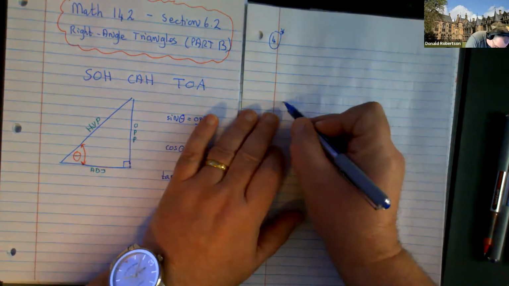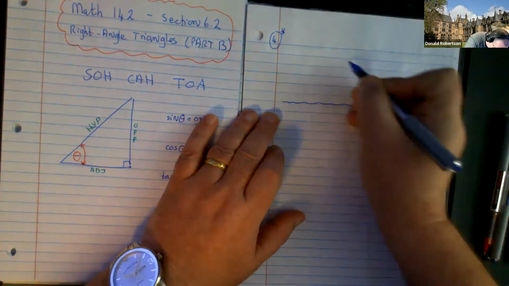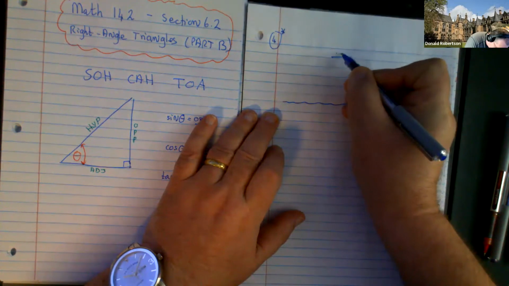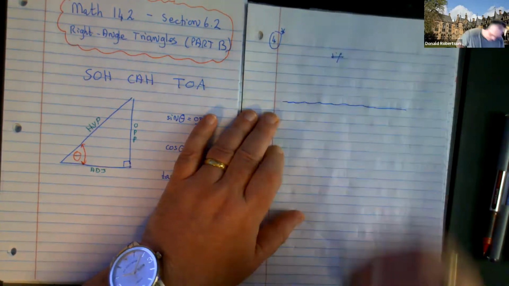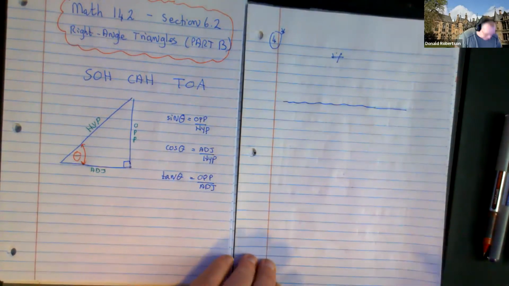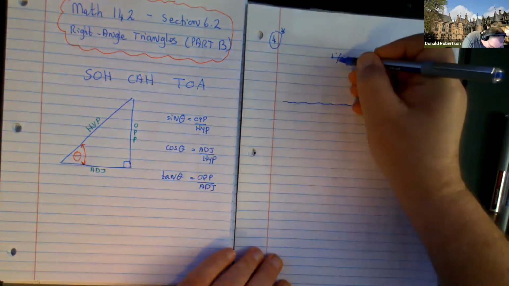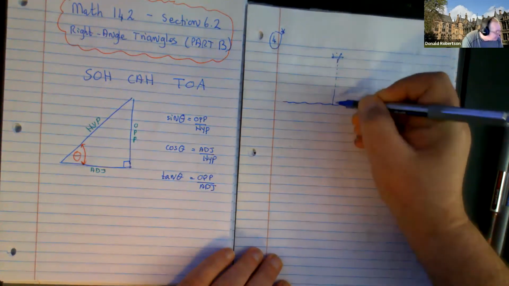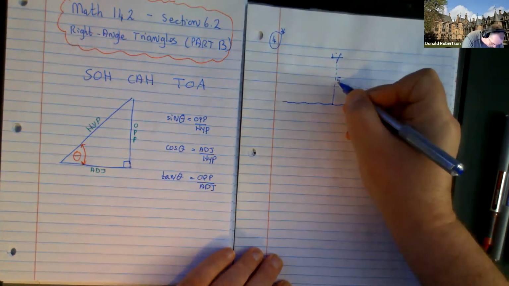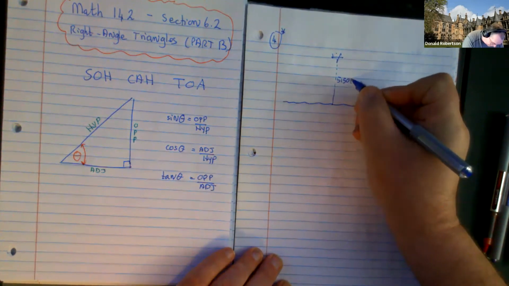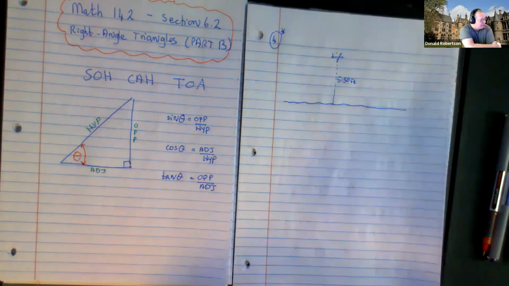So here's the ground, and here's my plane. Really good plane, right? And you are telling me that the vertical height is 5150 feet. So far, so good. So an airplane is flying at an elevation of 5150 feet directly above a highway.